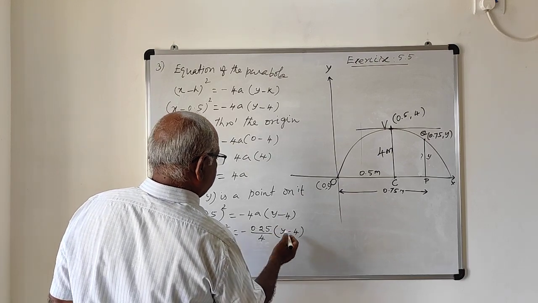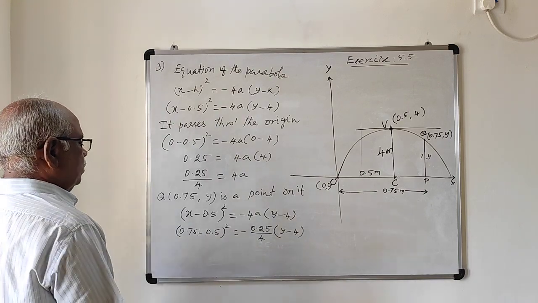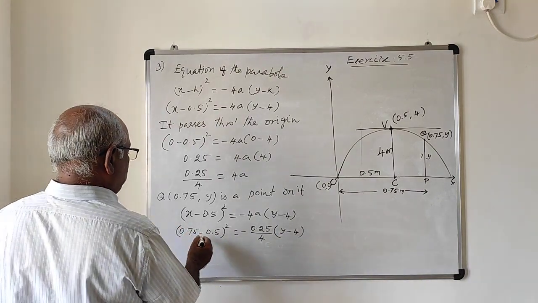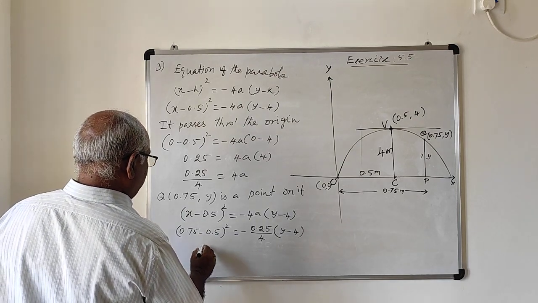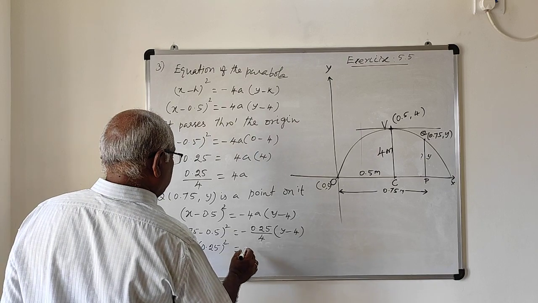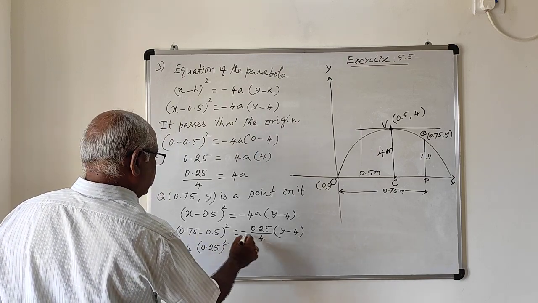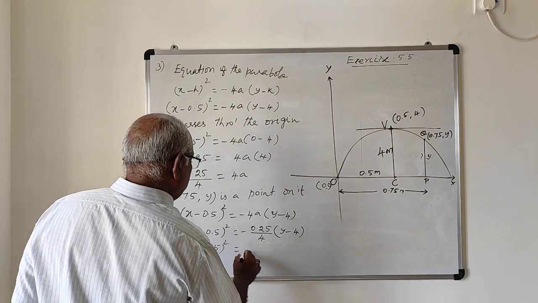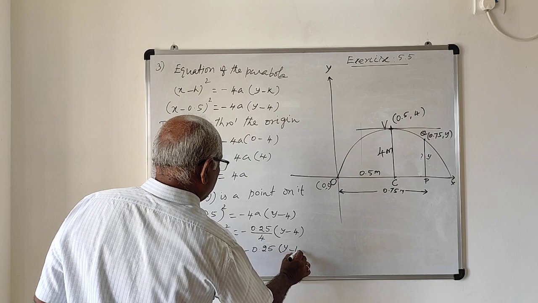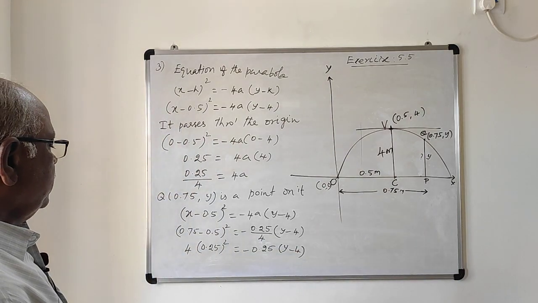So what do you get? (0.25) whole square equal to, multiplying by 4, 4 into (0.25) whole square equal to minus 0.25 into (y minus 4).